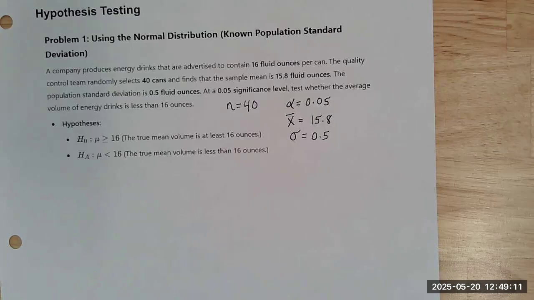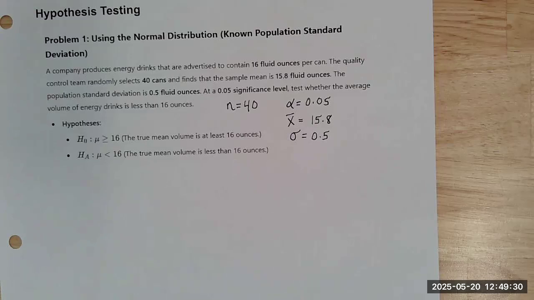But usually out in the land of statistics, we tend to be like, I don't actually know. Like, I'm going to test if it's 16 ounces, but it could be higher, it could be lower. I don't really know. We usually keep it open and do a two-tail test, because then we can figure out if there's more or there's less. That way we can find out either way. Okay.